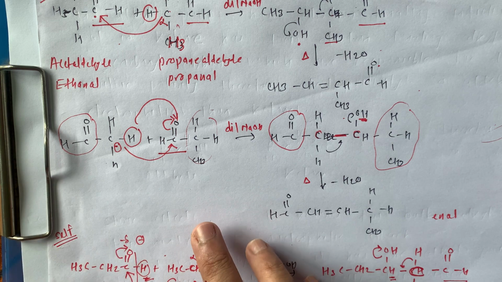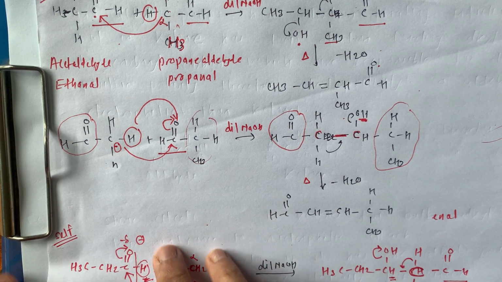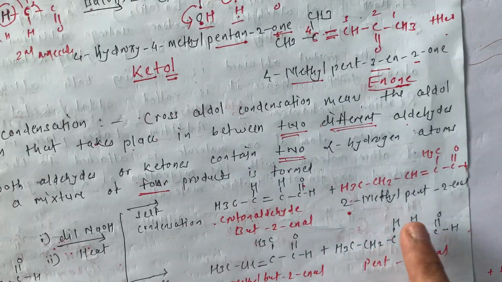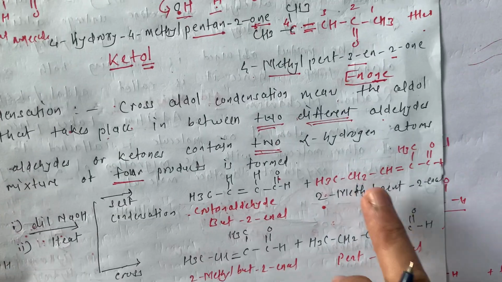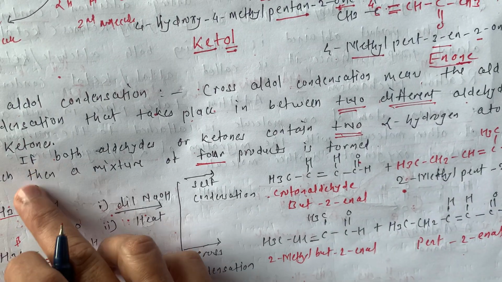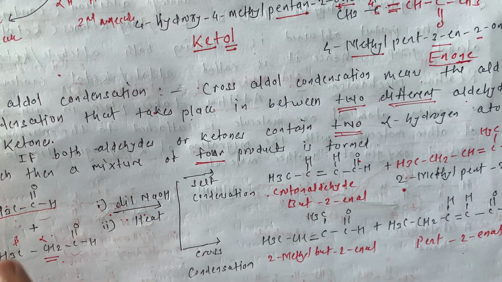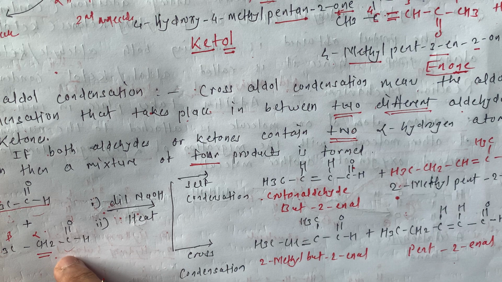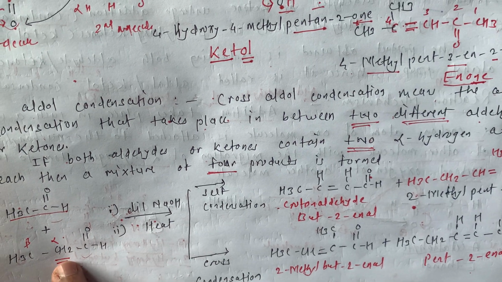So in total, acetaldehyde is the first product, and propanaldehyde is the second product. Then in the cross, we use this carbonyl carbon, and for the other product we use that carbonyl carbon, and we treat this as the alpha hydrogen.